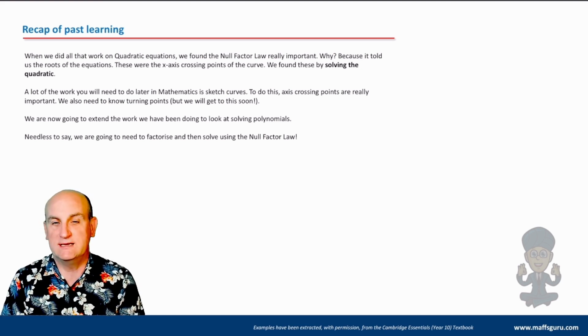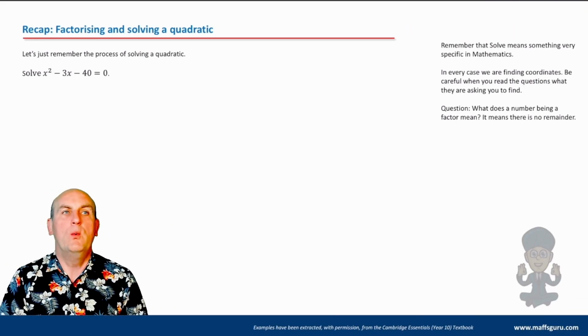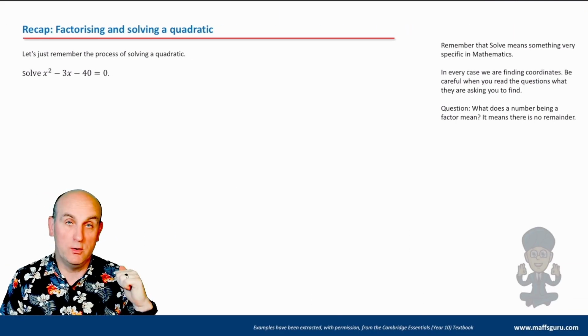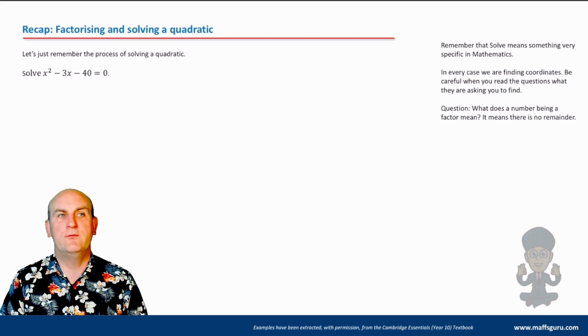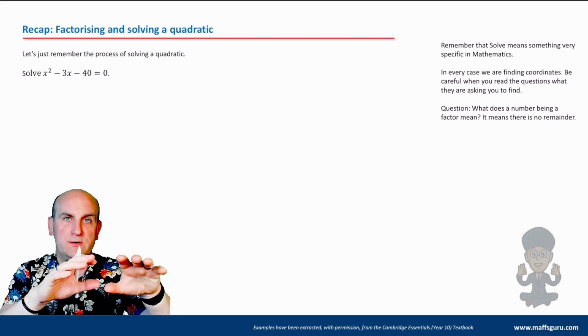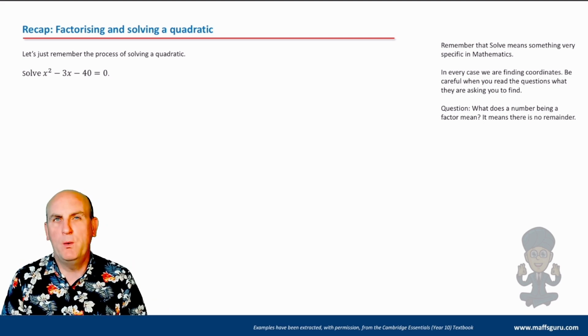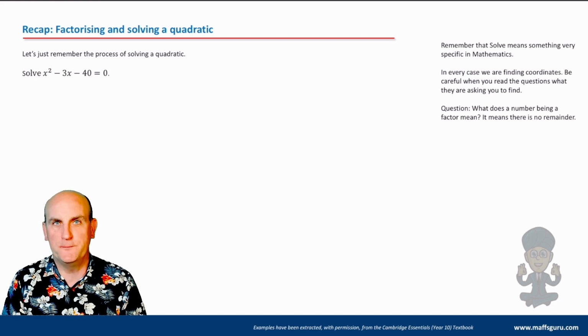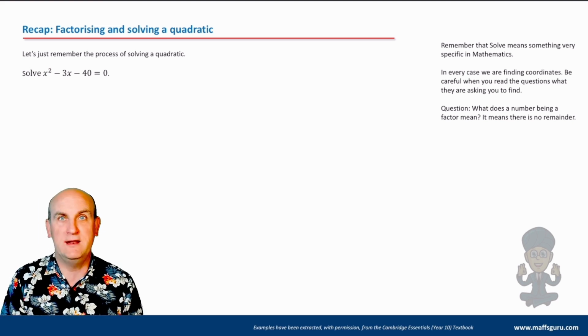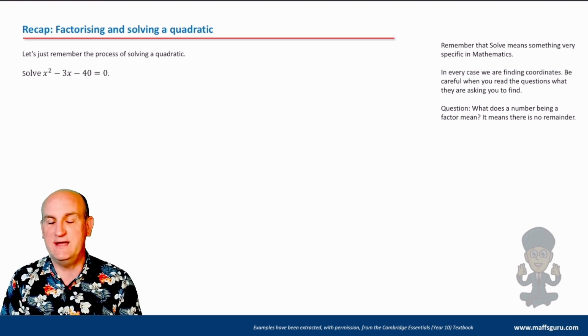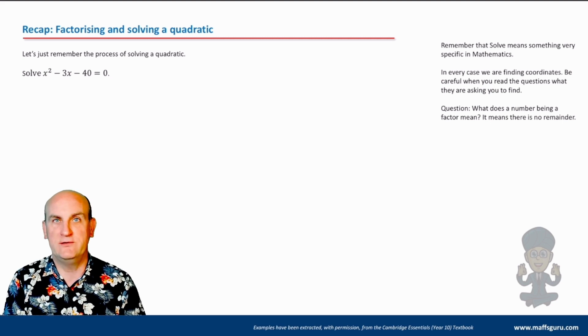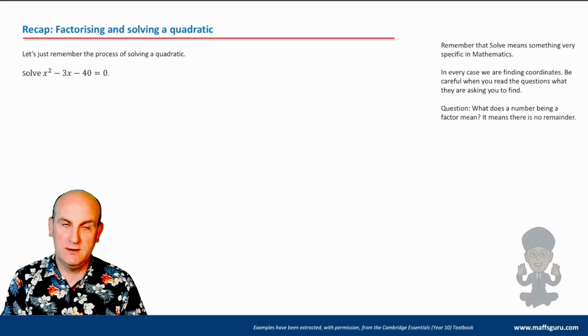Why? Well, with quadratics, let's have a look. When we were factorising and solving the quadratic that's behind me, what did we end up trying to do? Well, we were trying to put it in two brackets, yes? But what did those brackets actually stand for? Well, if you've watched the previous video, you'll now know it's a linear factor. And two linear factors that multiply together will give me my quadratic.